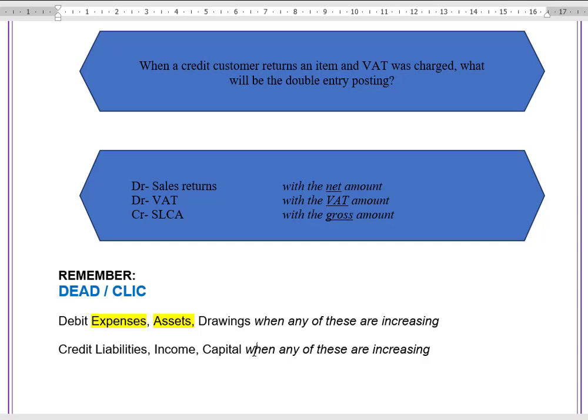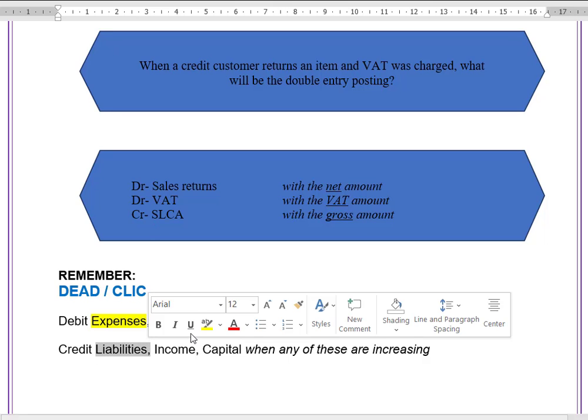Uh-oh, the customer has returned the item, so really I didn't sell it. So I want to do the opposite. You tell the taxman, please, taxman, remove that amount because the person has brought it back, so don't expect me to pay you the VAT on that amount. So I want to go and reduce my VAT liability, hence we debit the VAT.